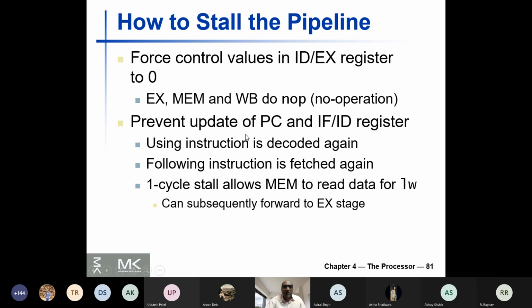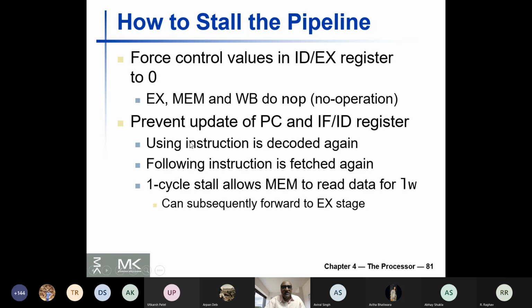At the same time, whatever instructions are in the PC and the instruction decoding stage have to be retained. That means the PC should not be updated, and similarly the IF/ID stage should not fetch a new instruction. Both of them should not change; those two stages should be in standstill mode.